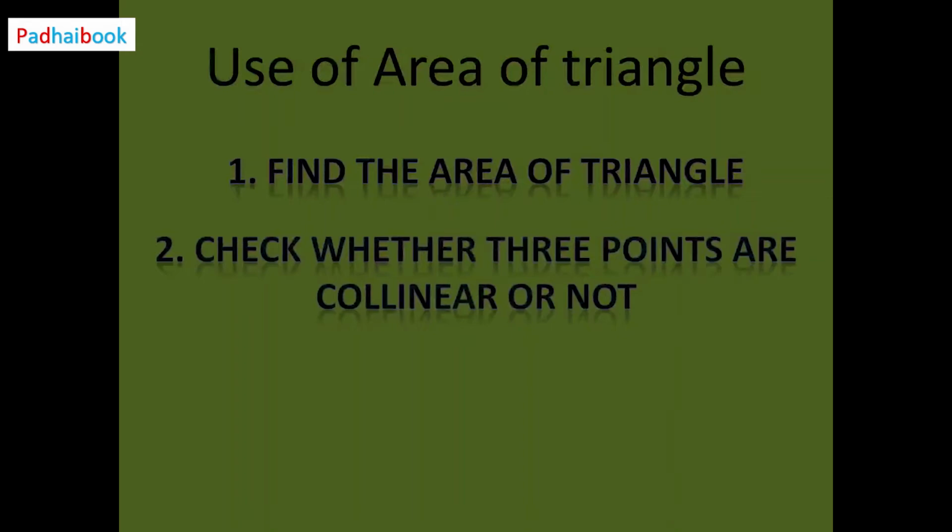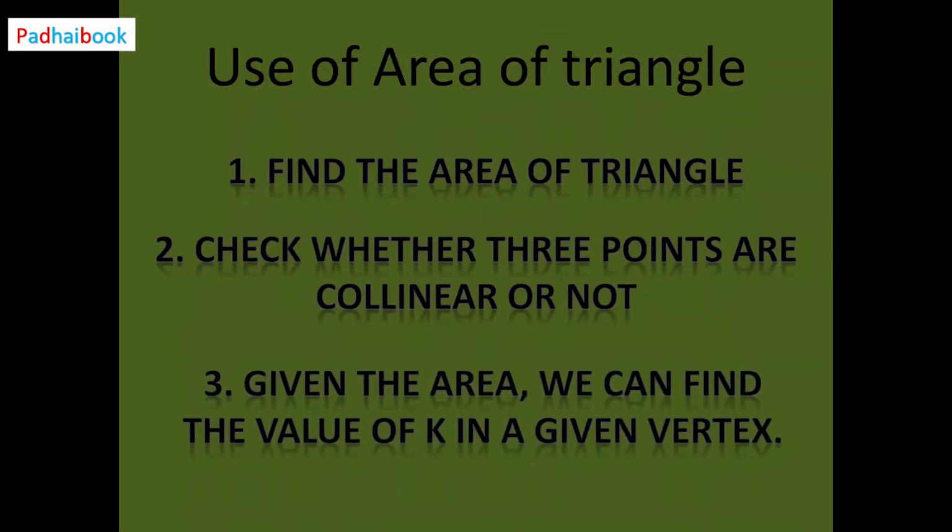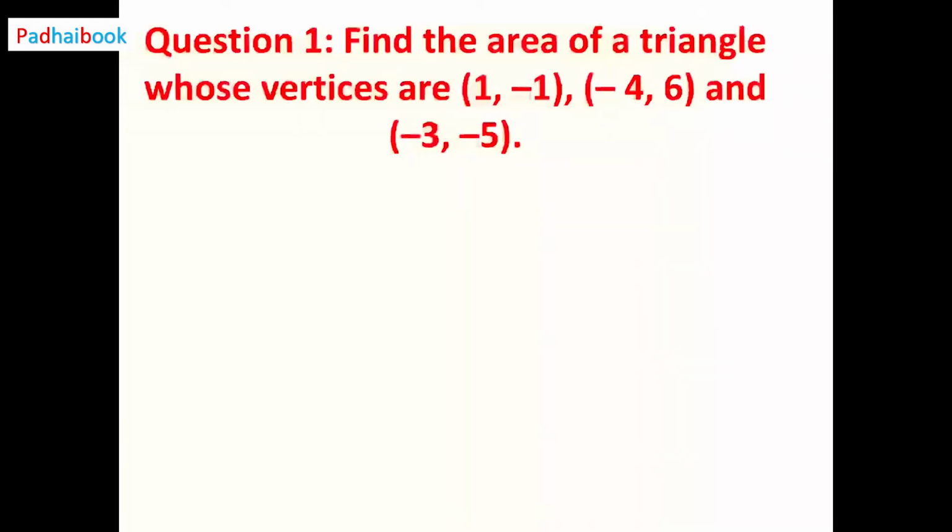If, given 3 points, we find the area of the triangle and it comes out to be 0, then we say that the 3 points lie on a line, which means that the 3 points are collinear. And one more use is that, given the area of the triangle, we can find the value of k. Suppose one of the vertices is given to be (k, 5), then I can find the value of k of that vertex if the area of the triangle is given to me.